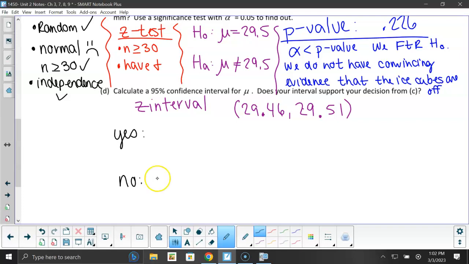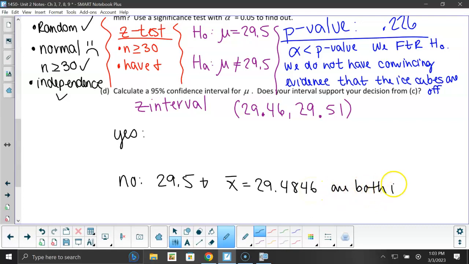Okay, so you're saying because both fit, like the 29.5 and our X bar are both in there? Yes.